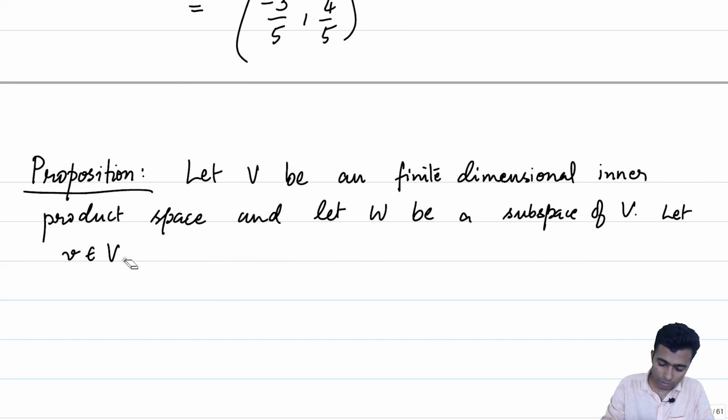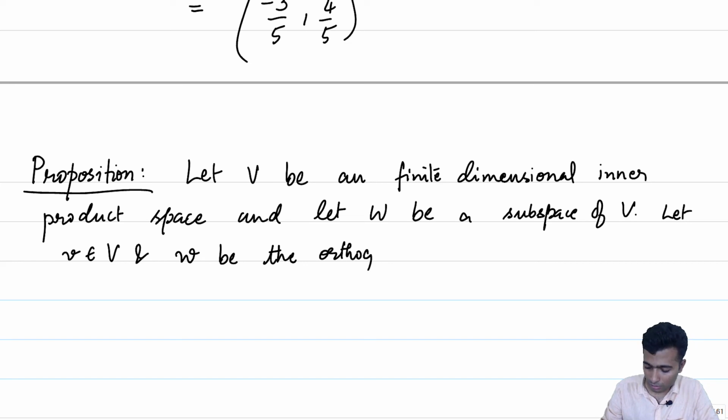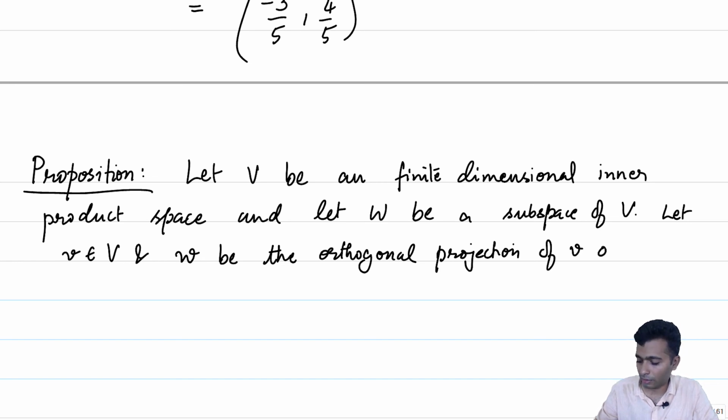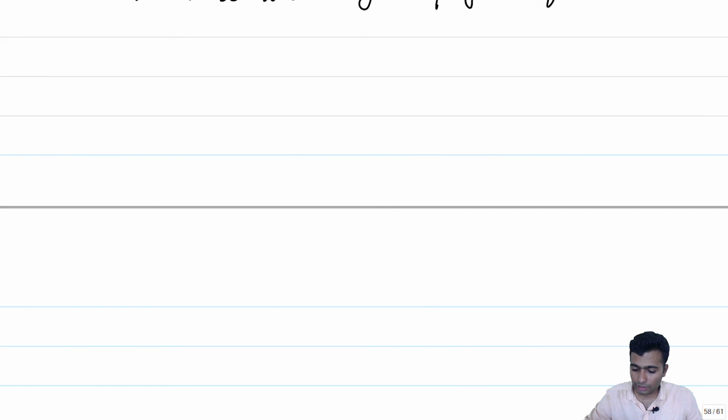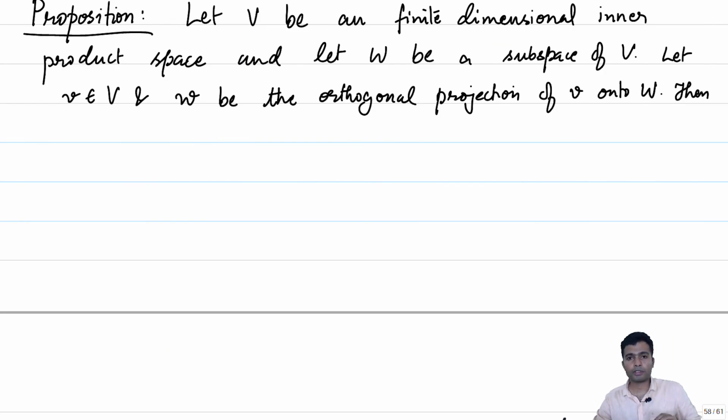and also let small w be the orthogonal projection of V onto capital W. We just defined what that is, right? The proposition tells us that this is the vector in capital W which is closest.